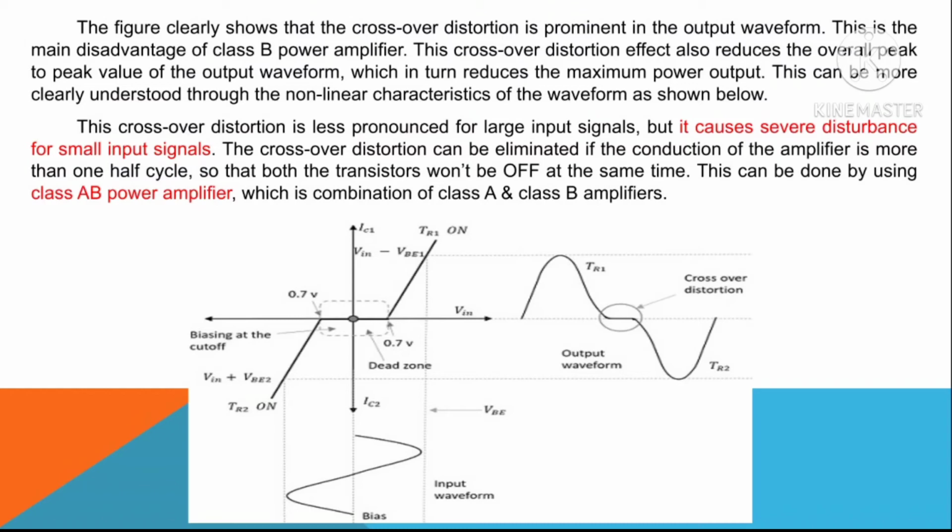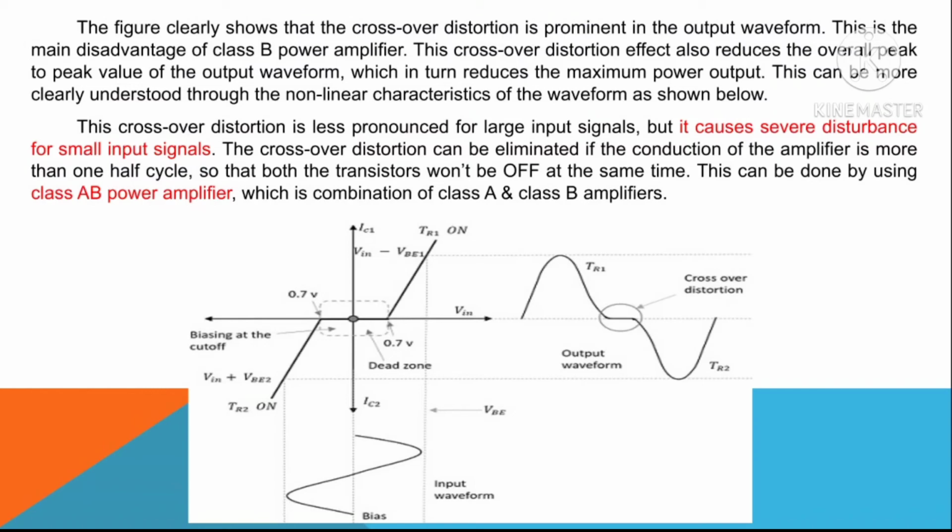That means this unwanted or undesired crossover distortion can be minimized, or reduced, by using the class AB power amplifier.